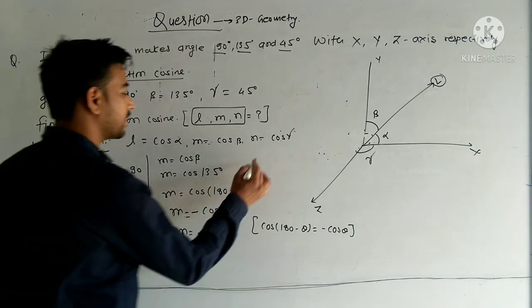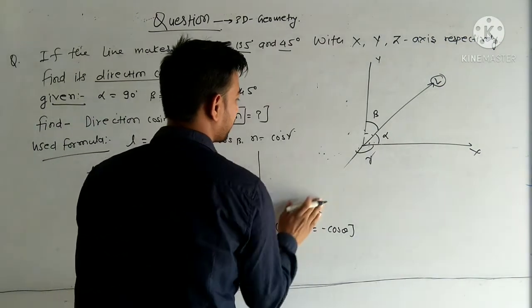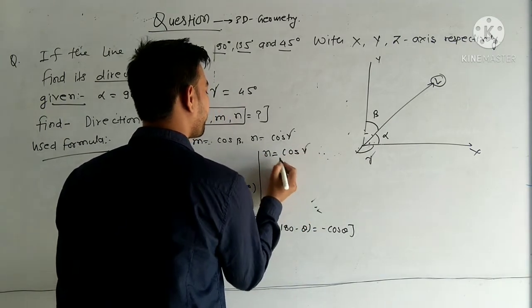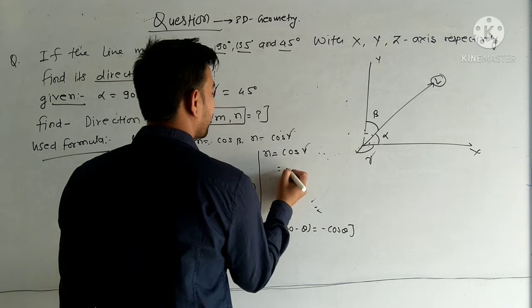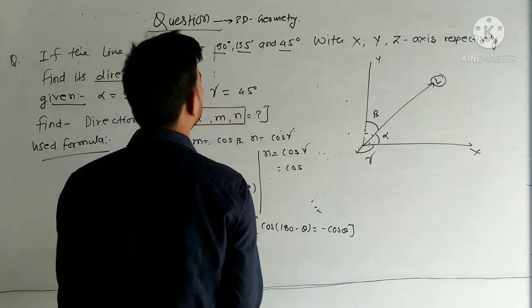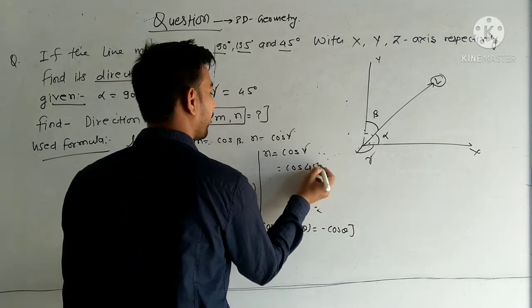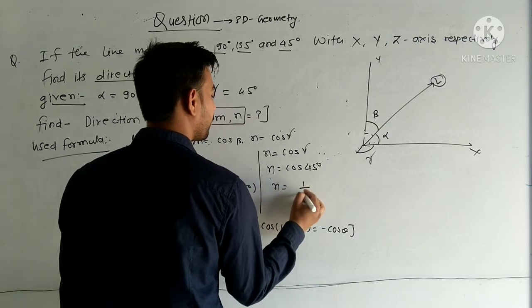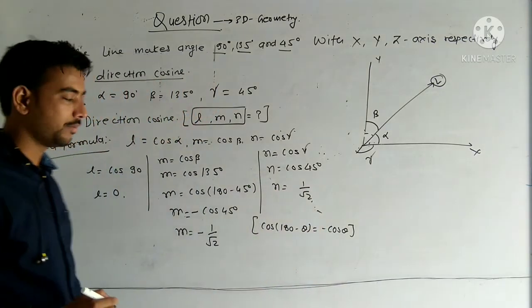So this value is M, and N equals cos gamma. Gamma is 45 degrees, so N equals cos 45, which is 1 by root 2.